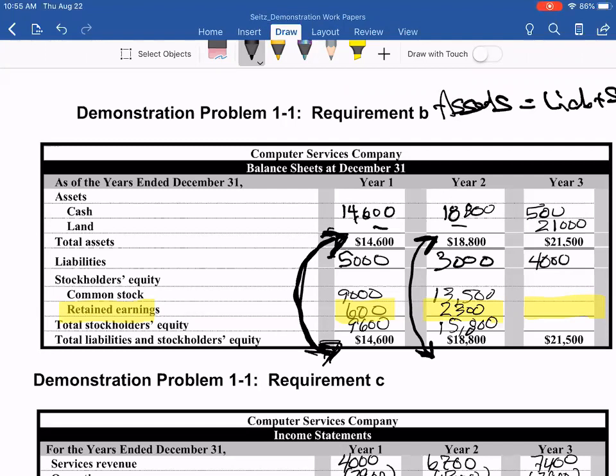The common stock that I just calculated below was 16,000. And additionally, that retained earnings balance that I calculated below was $1,500. That leaves total stockholders' equity of $17,500. I add that to the $4,000 that I have up here in the liabilities, and I'm going to get total liabilities and stockholders' equity of $21,500, which is great because it equals the assets, which is my whole purpose. That's what I want to do.